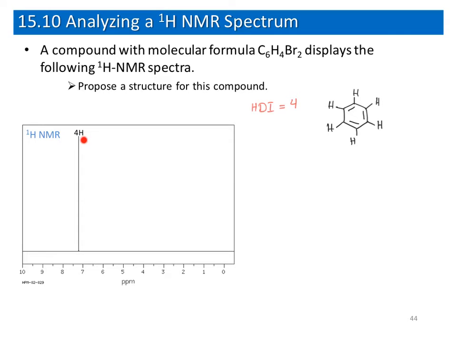Now that we have integration equals 4, we should have a di-substituted ring, meaning that 2 of these hydrogens should be replaced. By what? By bromine. We have 2 bromines in the molecular formula, so the 2 bromines are our substituents.